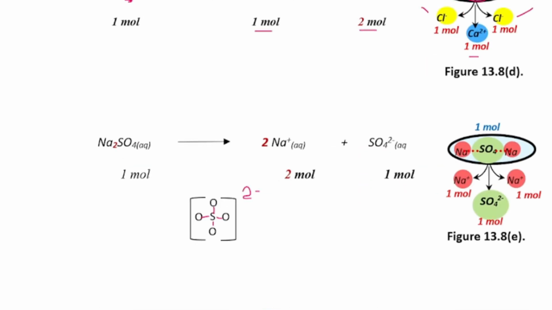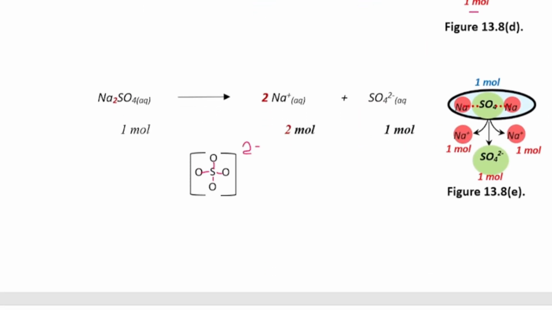Another one comes here, where I'm showing you one with a radical. Here is your sulfate radical. I just want to remind you that the radical consists of a number of atoms bonded together by covalent bonds.